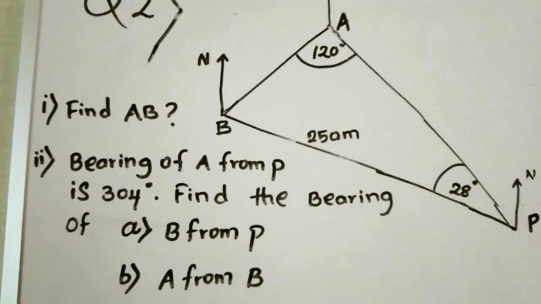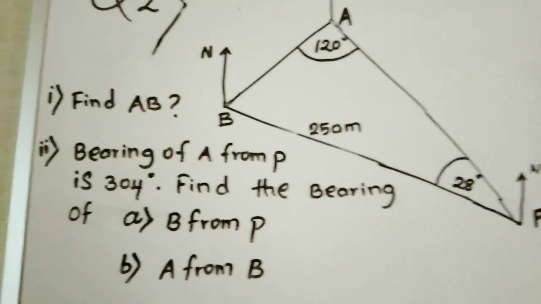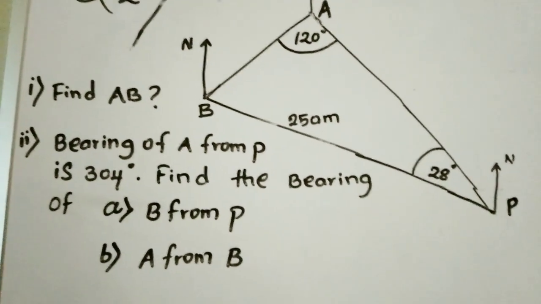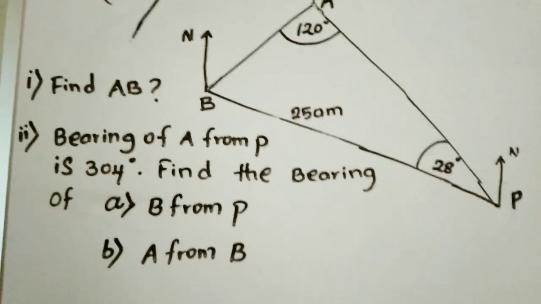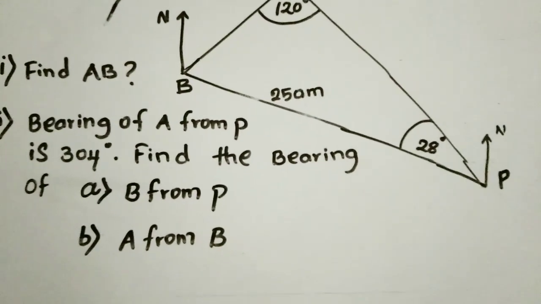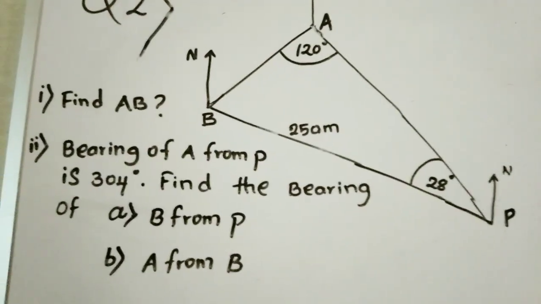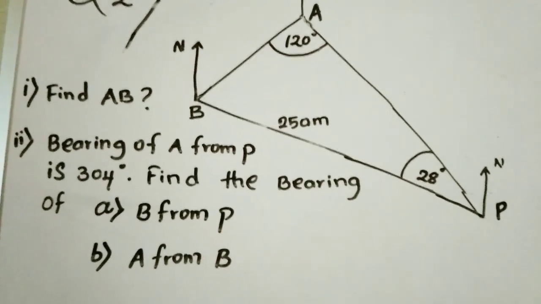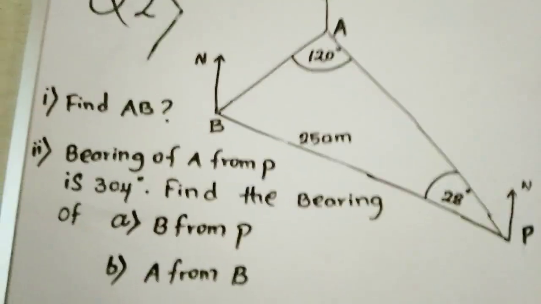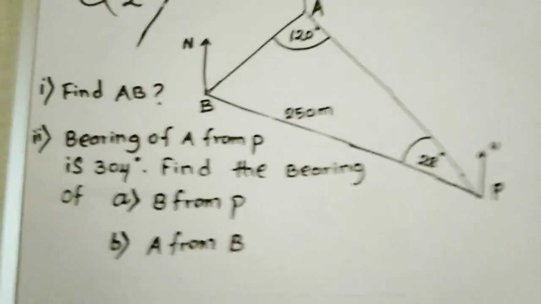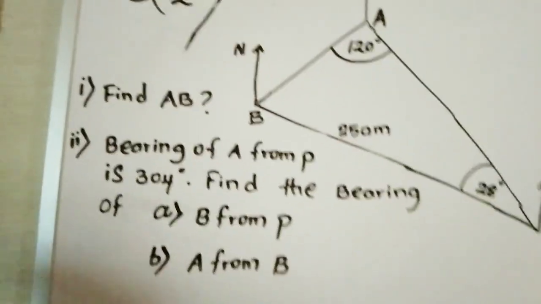How can we find AB here? Can we use sine, cos, tan ratios here? No. So what's the theory we have to use here? We can use the sine rule or cos rule.